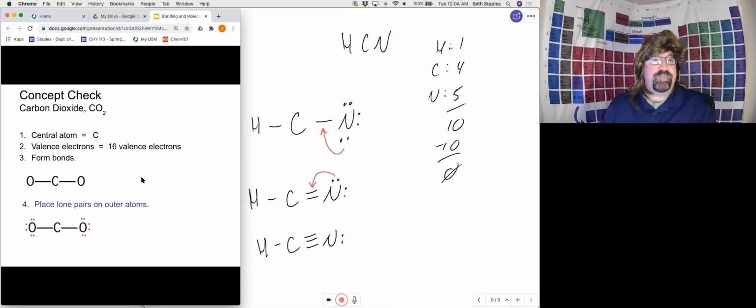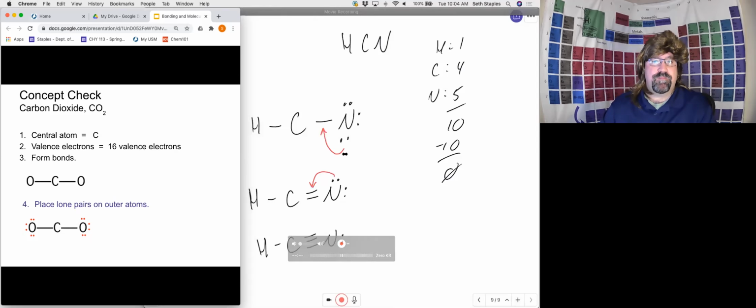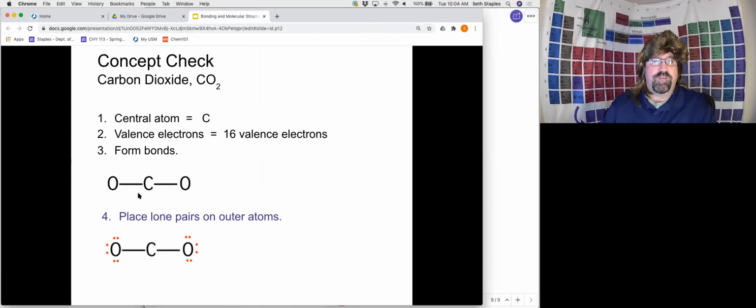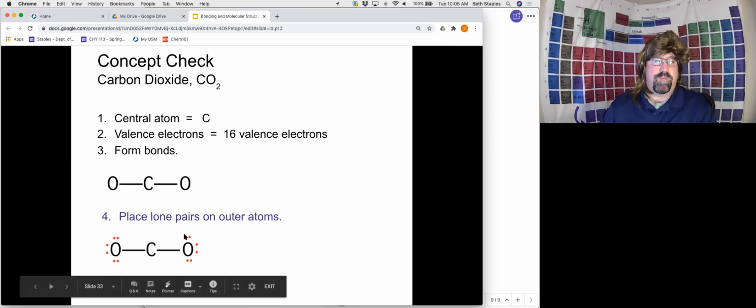So another check. So here we have carbon dioxide, CO2. I'm going to put our C in the middle, least electronegative. We have 16 valence electrons total to work with. We're going to start here, single bonds between our carbon and oxygens. And then we're going to place our lone pairs along our outer atoms.